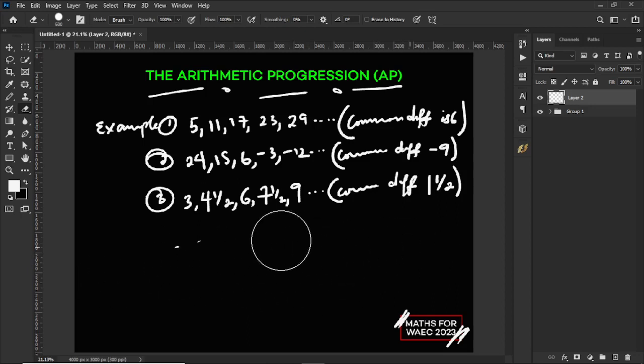So you can see now, these are examples of AP. They are increasing by adding a certain number.